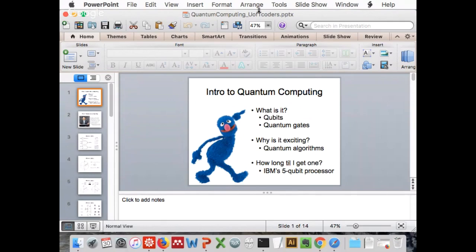Then I'll take you through a search algorithm called Grover's search algorithm, going through the easiest case. If time permits, with 10 or 15 minutes to go, we'll head to the IBM website and try out one of their quantum computers that you can access online now.